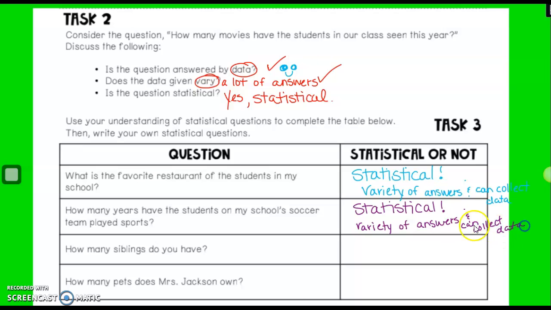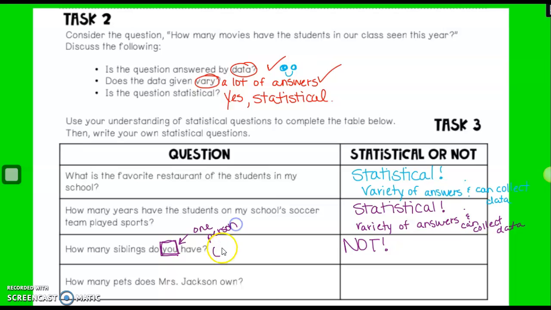Okay. How many siblings do you have? This is not statistical. Can you answer the question by data? Well, yeah, you can get an answer to it, but is the data going to vary? Are you going to be able to get a lot of answers by just asking one person? No. If it says you, that's one person.